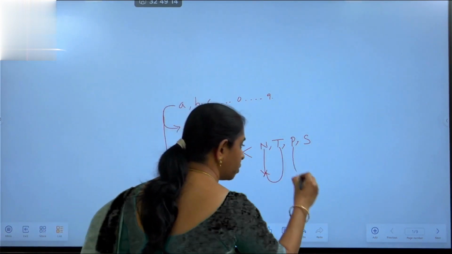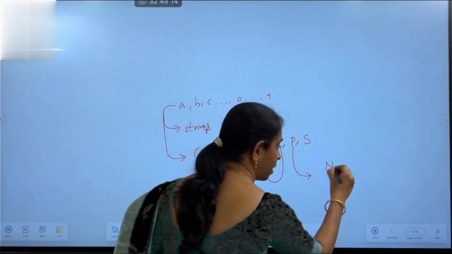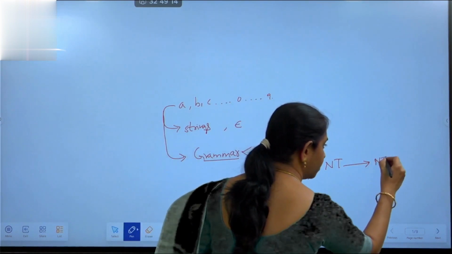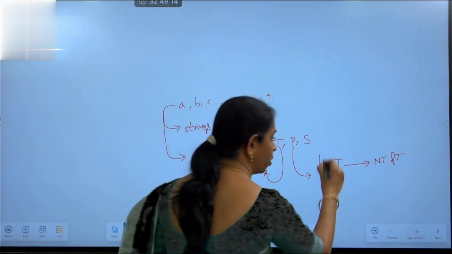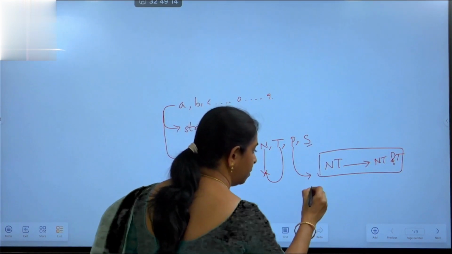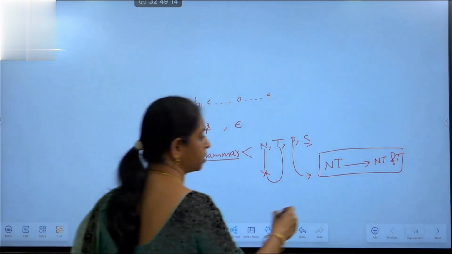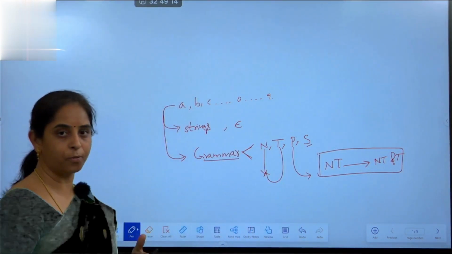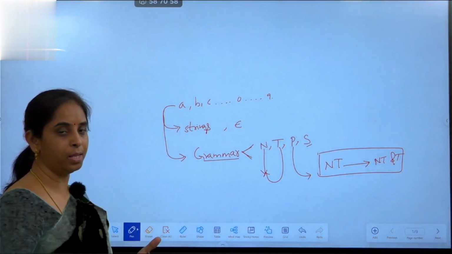We have production rules that contain non-terminals and terminals. Suppose we have a non-terminal at the LHS, and at the RHS we have some non-terminals as well as terminals. This form we call a production rule. And we have a start symbol, which is where we start from. So this is the main thing of the grammar: it contains 4 tuples, non-terminals, terminals, production rules, and the start symbol.